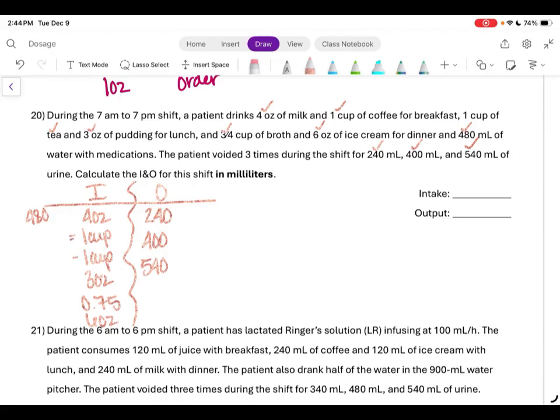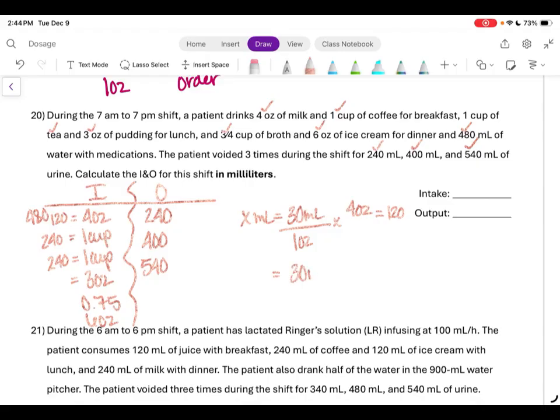From our conversion sheet, we know that 1 cup is 240. 4 ounces, we can just do dimensional analysis if you would like. 30 is 1 ounce, and then you multiply by 4, and it's gonna give you 120. 3 ounces, we can do the same thing.